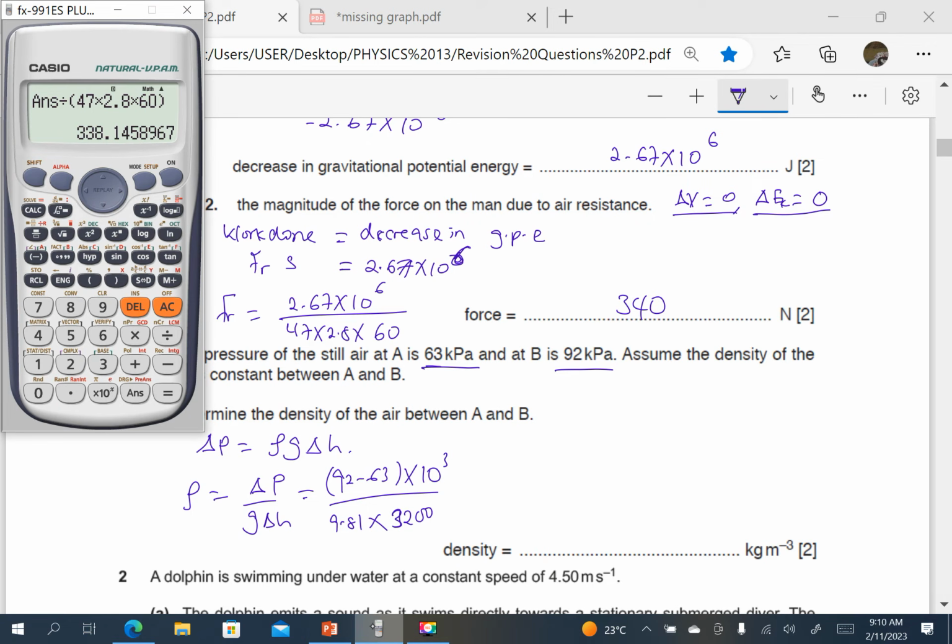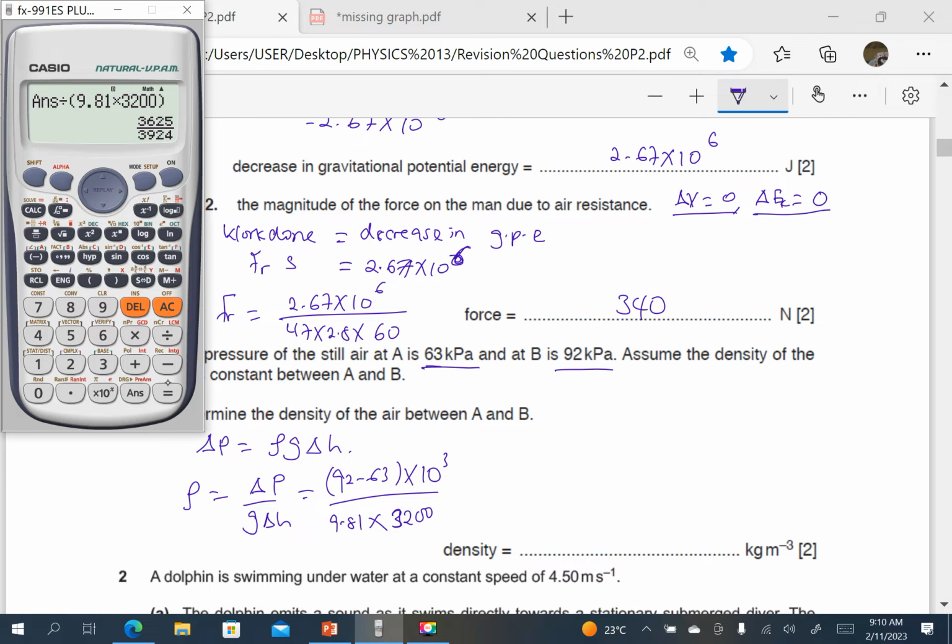So we can find this, 92 minus 63 times 10 power 3, then divide by 9.81 times 3,200.